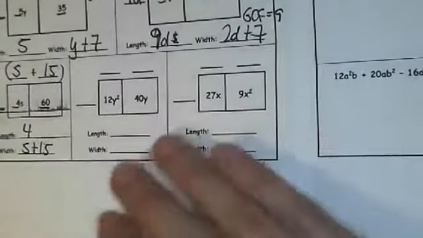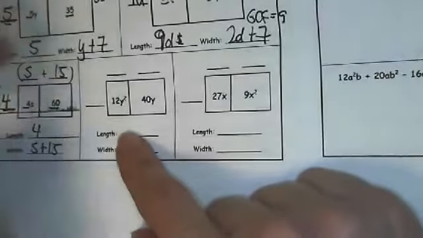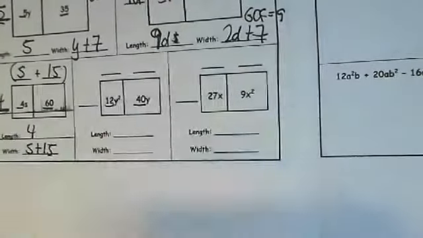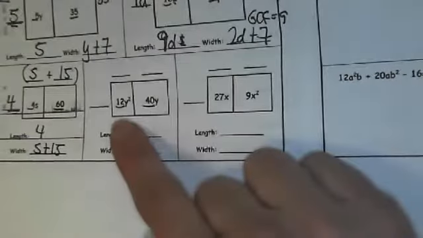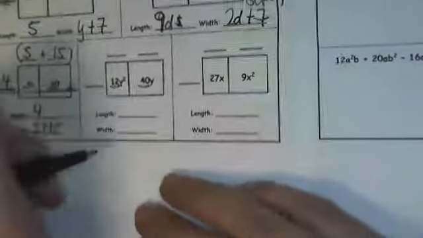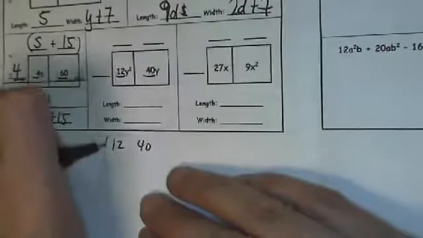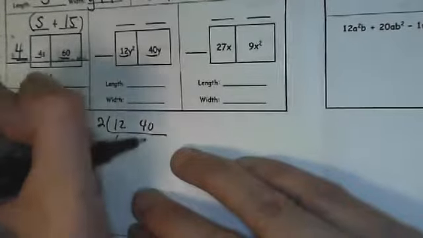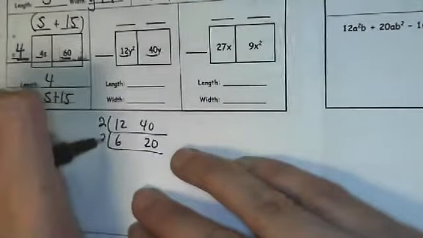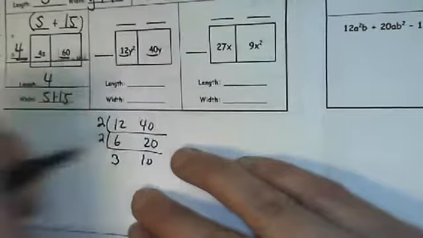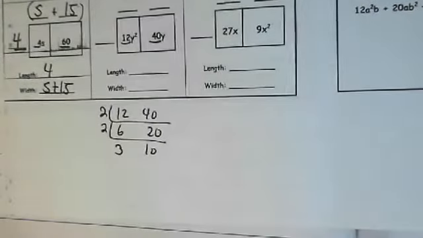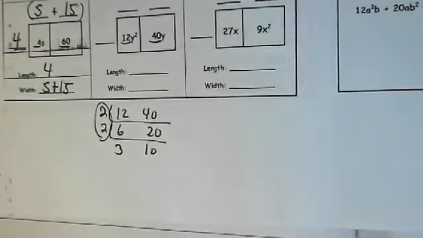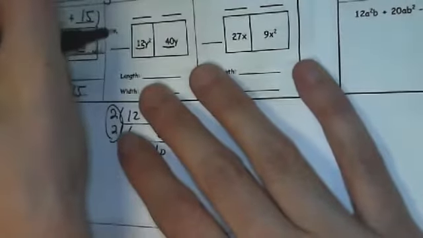And then 12 and 40. What's the greatest common factor of 12 and 40? Again, use your ladder method. 2 goes into both: 6, 20, then 2, 3, 10. The GCF is just to the left, so the greatest common factor of 12 and 40 would be 4. They each have a y at least, so I can pull out a y.